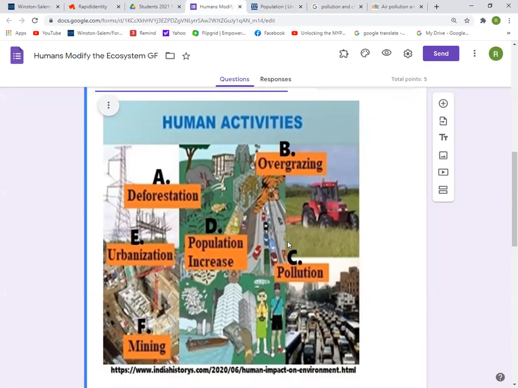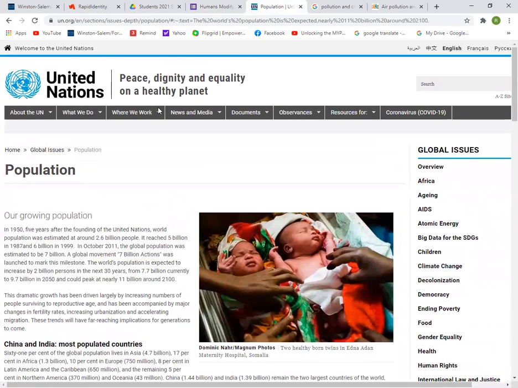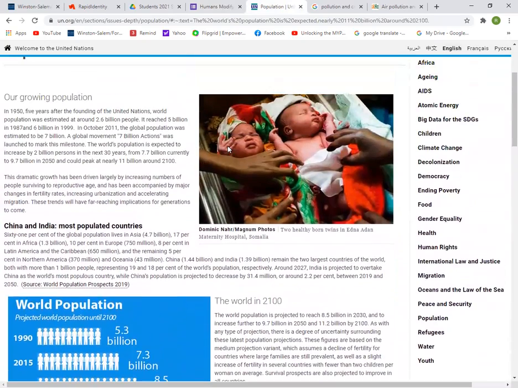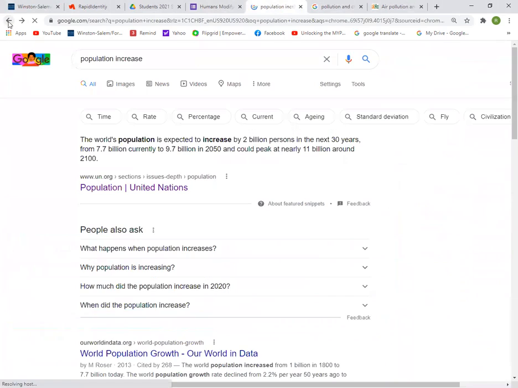After mining, we have population increase. Let's go to this United Nations website and you will see here that our population is rapidly increasing. Okay, so we'll go to the summary.